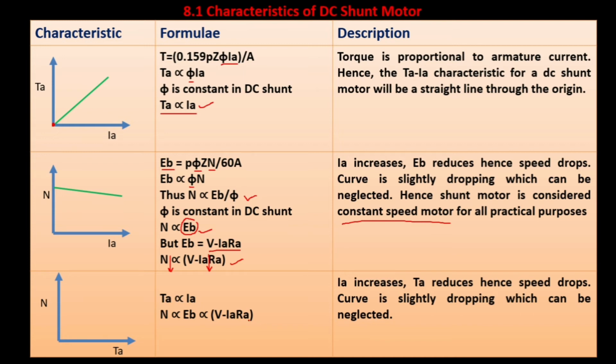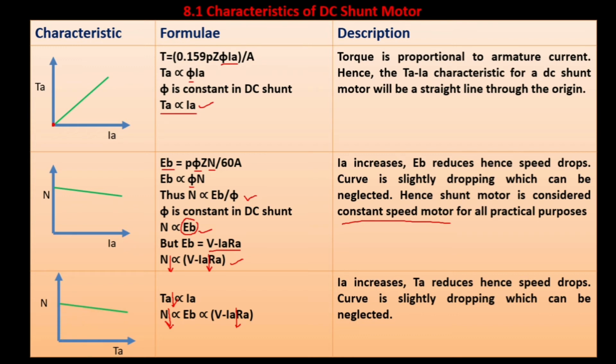Obviously, if Ia is slightly reducing, then torque will also reduce, and if torque reduces, the speed will also slightly reduce. The same characteristics will follow as the characteristics in between the speed and armature current, so it is slightly reducing in nature.